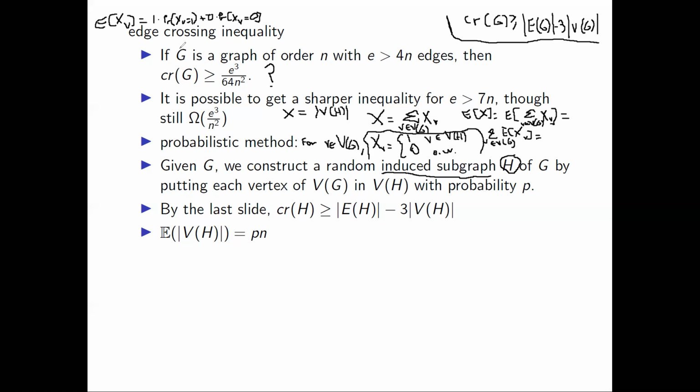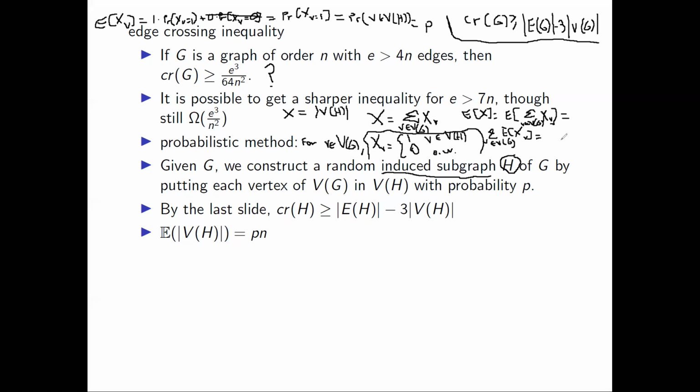The 0 part is just 0, so we don't need to worry about that. So we just have the probability that X sub v equals 1. And we can look at the definition of X sub v to see that probability. So the probability that it's 1 is the same as the probability that v is an element of V of H. And we can write that probability v is in V of H. We see that each vertex is included in V of H with probability p.